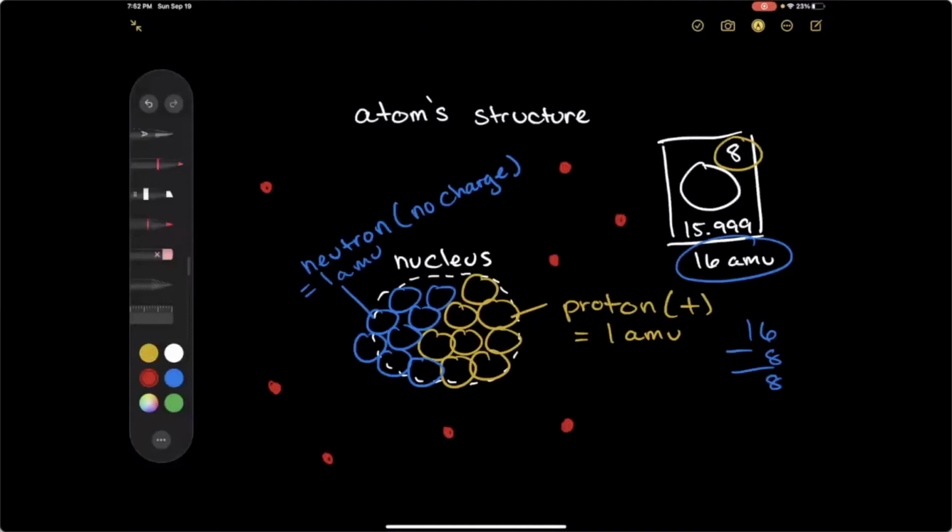They're so small that their mass doesn't even affect our total atomic mass. Their mass is so insignificant, only a fraction of 1 AMU, that it doesn't affect our total mass. So they're very, very tiny.